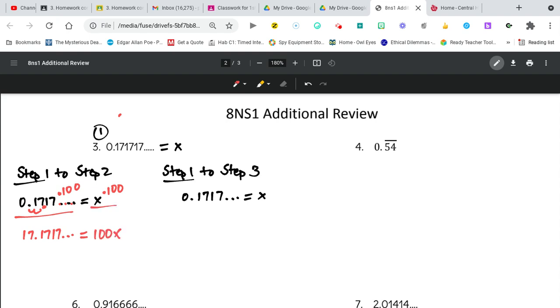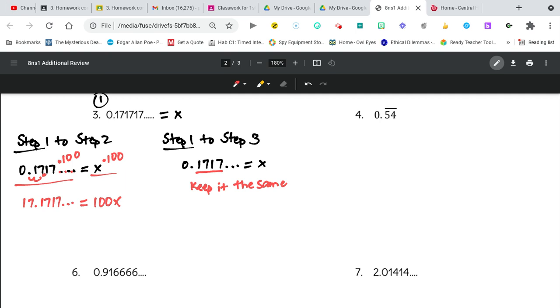Now let's go over here. Step 1 and step 3, the 17 is repeating, and my job is to get only the repeating part behind the decimal. Well, what else is back there besides a 1 and a 7? Nothing. So you keep it the same. And then you're going to stack them.